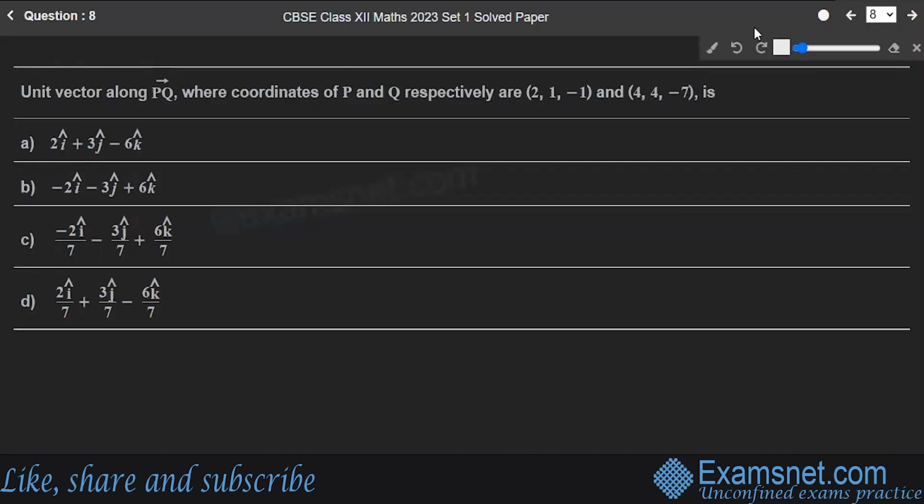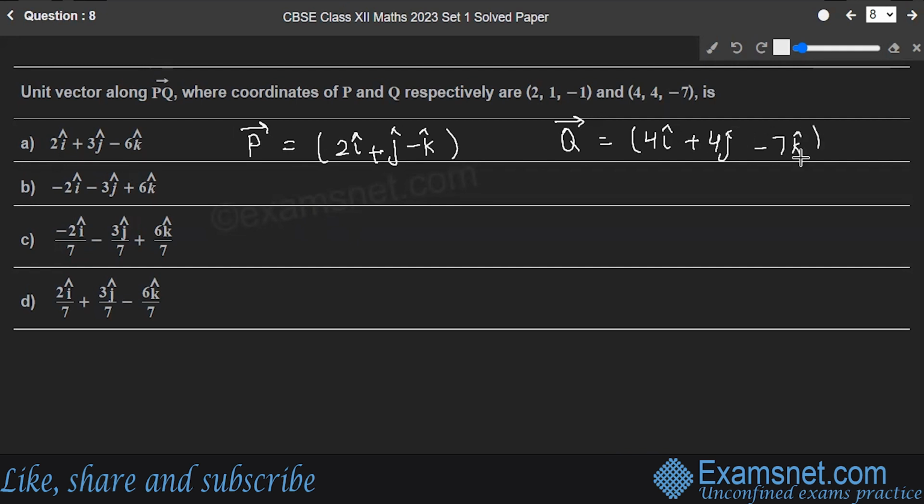Question number 8, unit vector along PQ where the coordinates of P and Q are this and this respectively. First of all, the P point has the coordinates in the vector form 2i plus j minus k, and Q has 4i plus 4j minus 7k. You have to find out PQ.